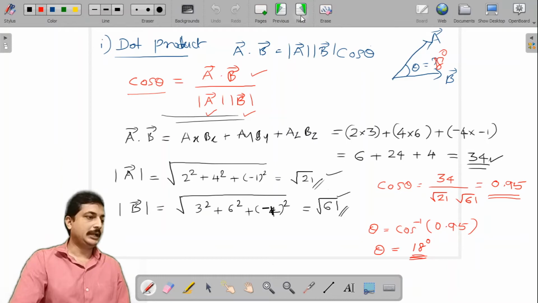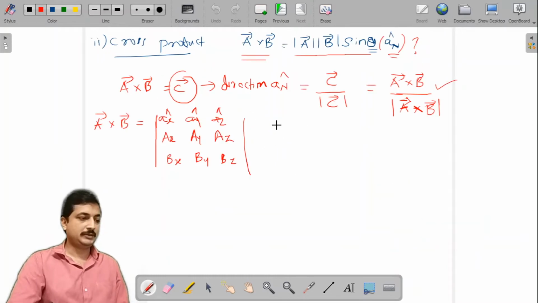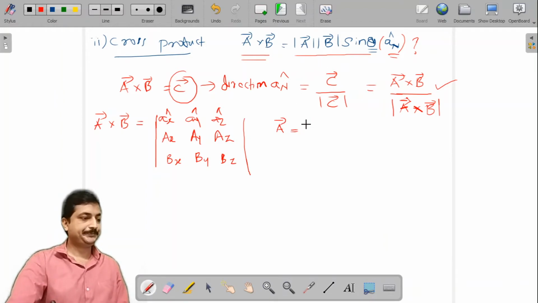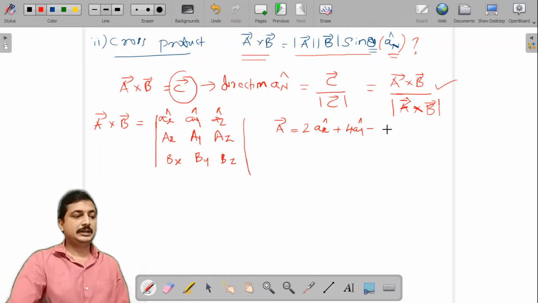So for finding the angle, I'll consider the same example. What was the A vector? I'll rewrite. The A vector was given as 2x cap plus 4y cap minus z cap, and the B vector was given as 3x cap plus 6y cap, right, minus 4z.